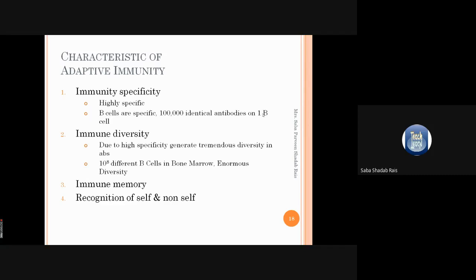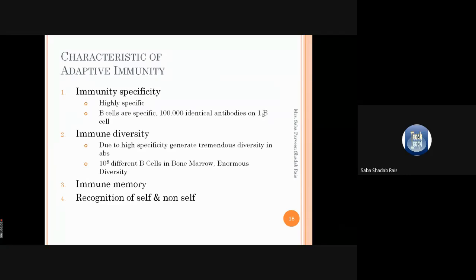So if the same person is exposed to the malarial parasite next time, they will not get any type of disease, because they will have adapted a resistance against malaria. This memory cell will capture that malarial parasite or kill it.